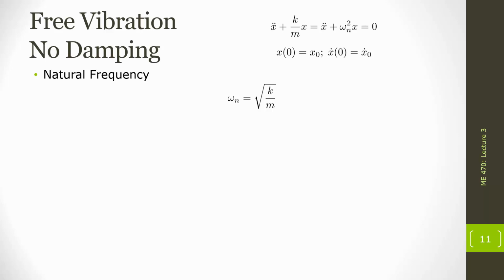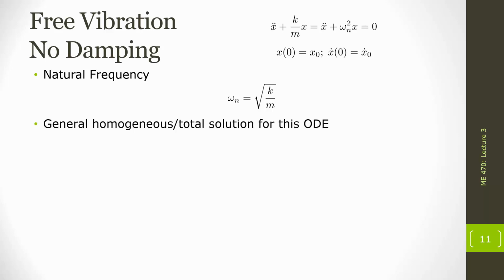Okay, so we have this second order system. What we are interested in is finding that general solution for this ODE. Typically, when we are dealing with ordinary differential equations, we are going to find a homogeneous solution, and we're going to find a particular solution, and we add those together, and we're going to get our total solution.